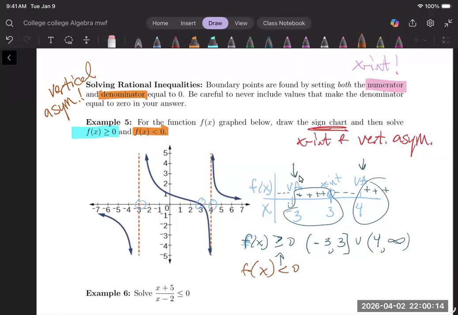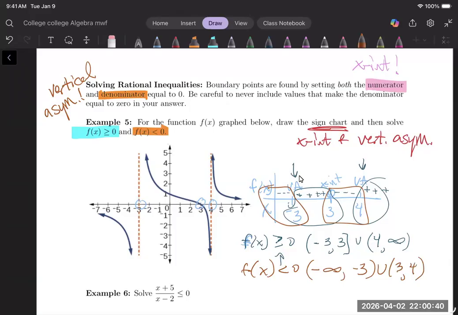We're strictly less than, no or equal to line, so we're not worried about the bracket and parenthesis situation here because it's all parentheses all the time. So less than here, we want the negative chunks. That's negative infinity to -3 parenthesis, and then union 3 to 4.